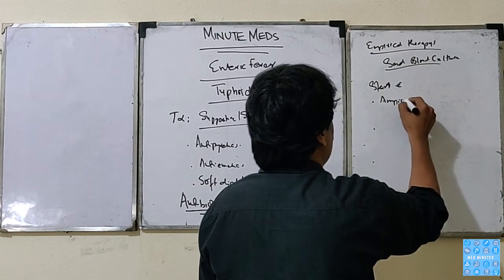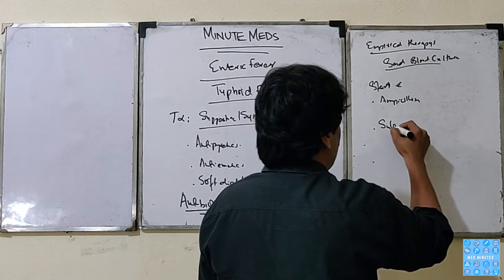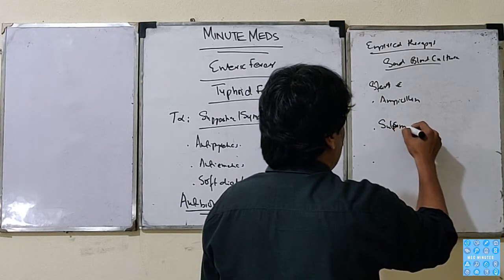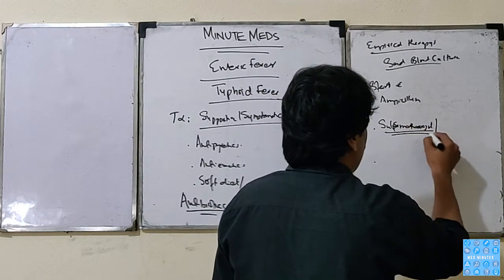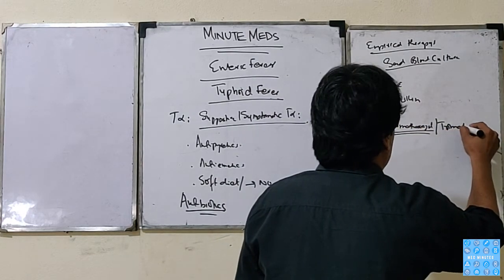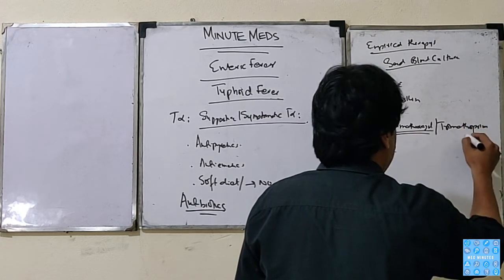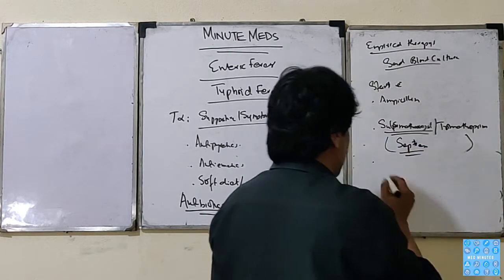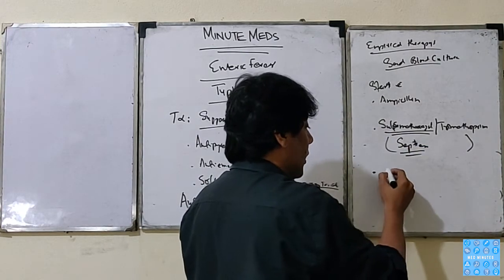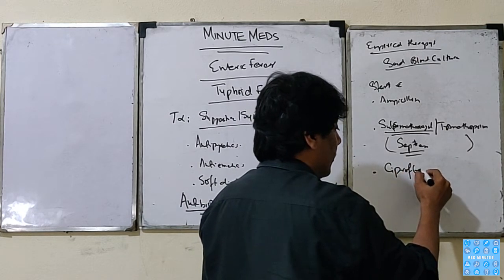From the penicillin group we give ampicillin, or from the sulfa group, sulfamethoxazole combined with trimethoprim, that is usually available in the market under the name of Cetran. And the third is ciprofloxacin.